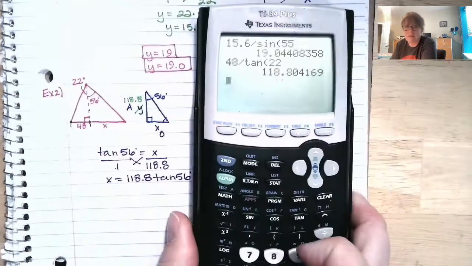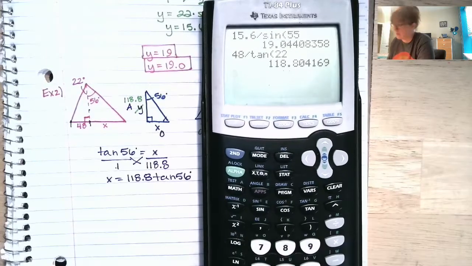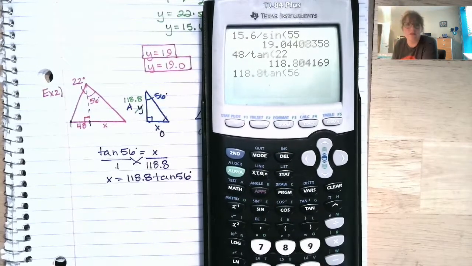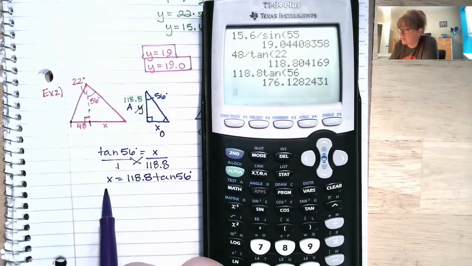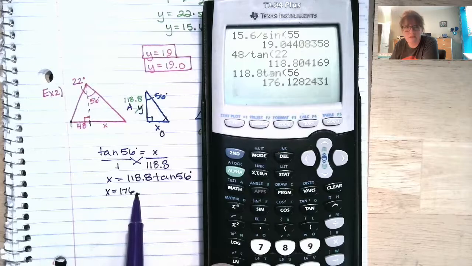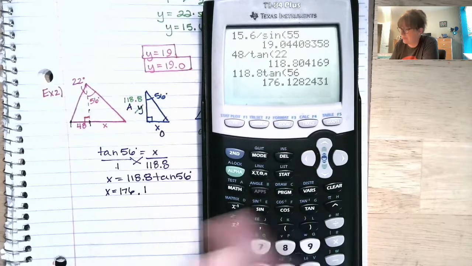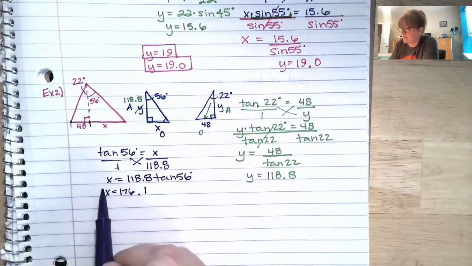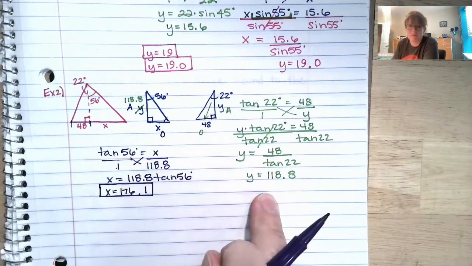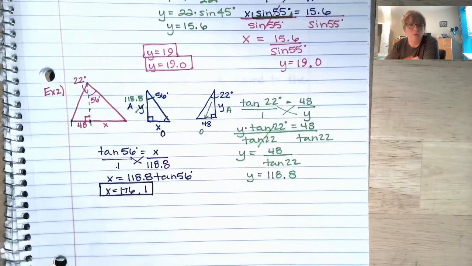So that one, 118.8 tangent of 56 degrees, and we get 176.1. Okay, and that is the only one that we wanted. Sure, we had to find another value just to figure out the one that we wanted, but there you go.